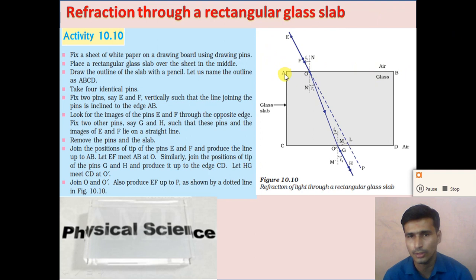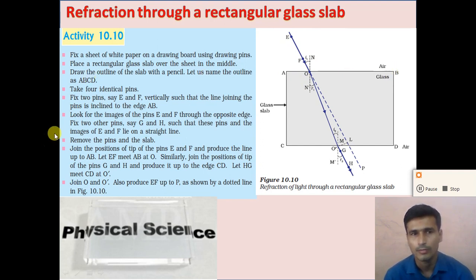So on the side AB, draw one line that is the ray of light and fix two pins, E and F, such that this ray of light is inclined at some angle with the normal to the surface AB, right?